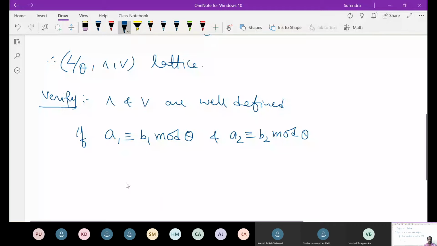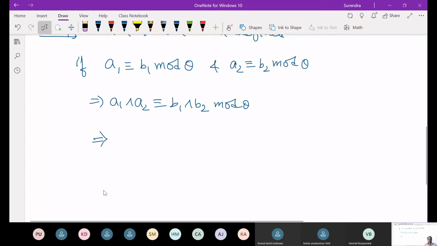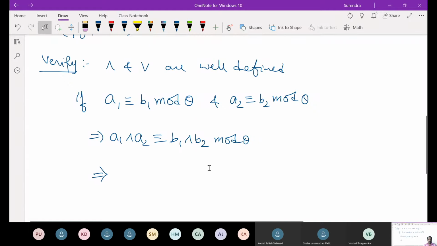This implies a1 meet a2 is congruent to b1 meet b2 modulo theta by the substitution property. So theta of a1 meet a2 is actually equal to theta of b1 meet b2. That shows that it is well defined. Similarly, you can check for join also.